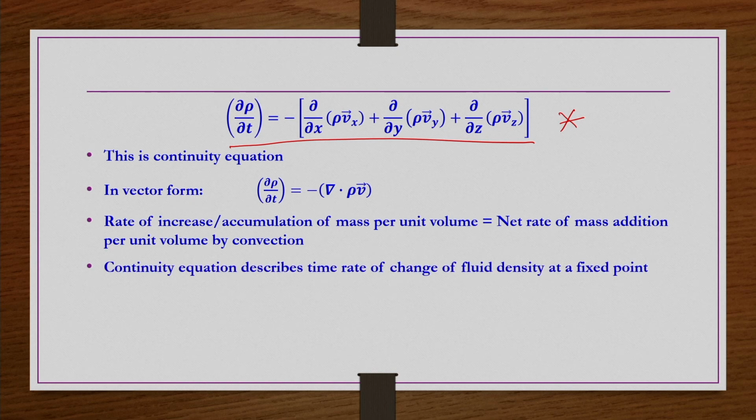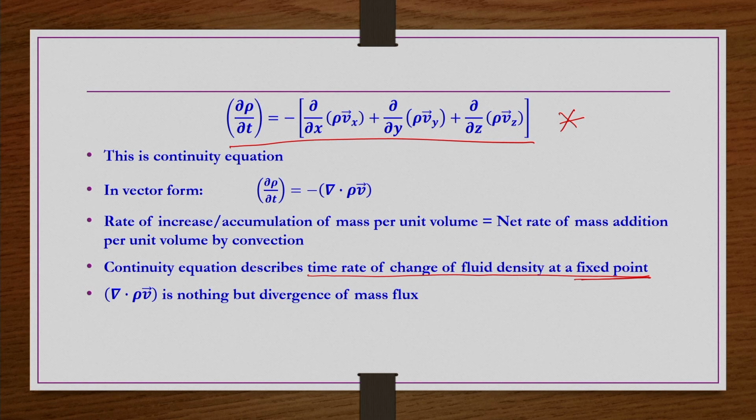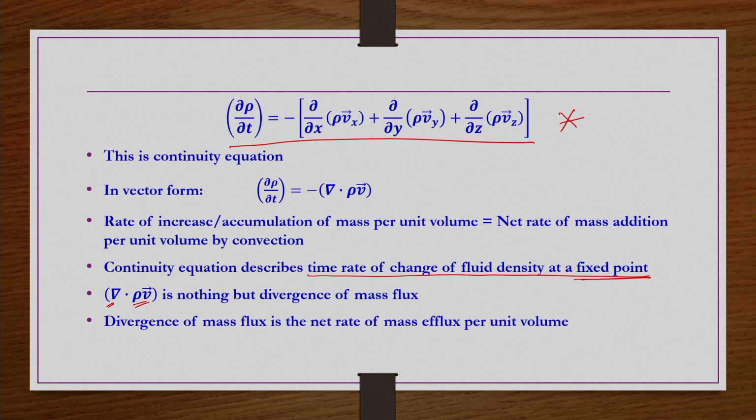That is, the continuity equation describes the time rate of change of fluid density at a fixed point. Okay. So, del dot ρv is nothing but the divergence of mass flux, that is, del indicates the divergence, ρv is the mass flux, that is, the divergence of mass flux is the net rate of mass efflux per unit volume, that is what it means.